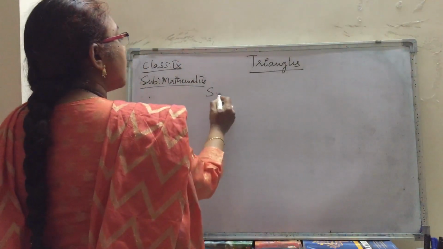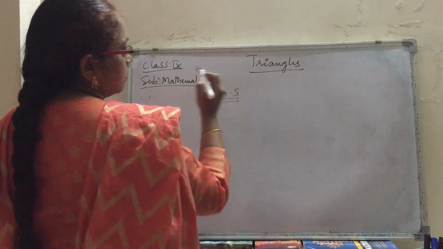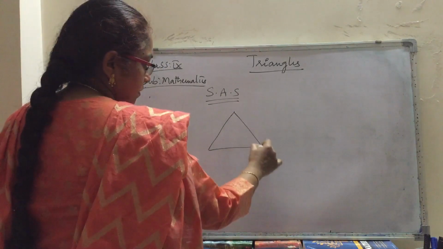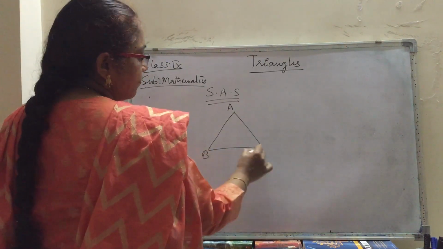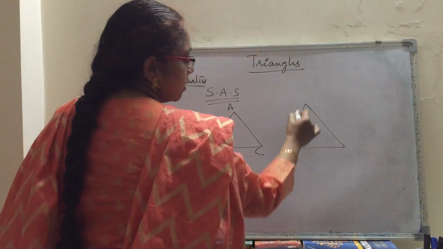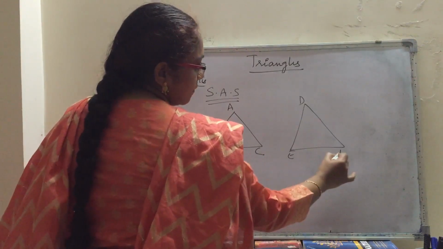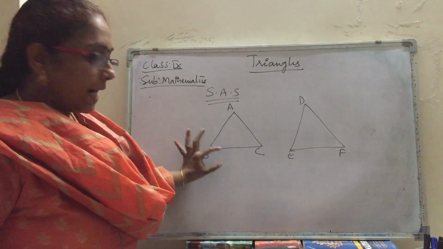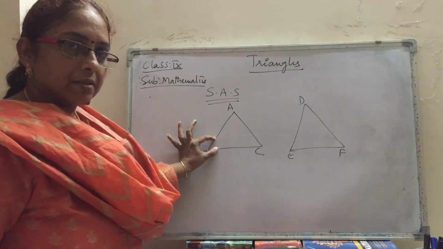Now, what is the SAS congruency rule? Two triangles ABC and DEF are congruent by this rule if two sides and the included angle of these two sides are equal.